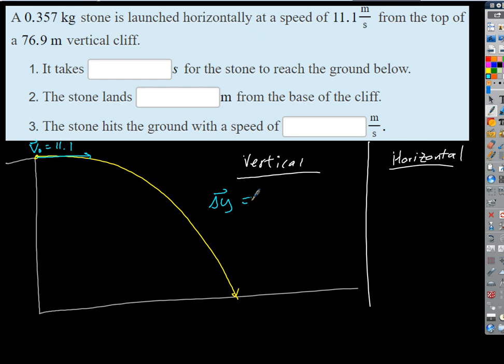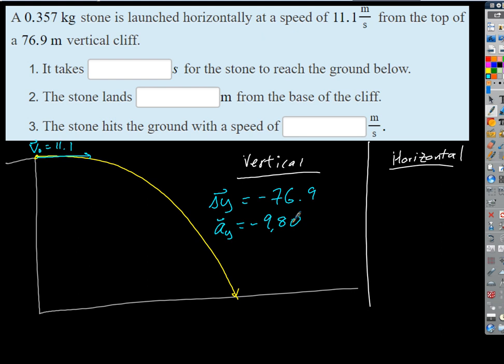Almost, there's something wrong. Negative 76.9. You see why? Because the displacement is starting here and ending there, so the displacement's going to be in a negative direction. Okay? Good. What else? Acceleration. 9.8. Okay, negative 9.8. So a sub y equals negative 9.80, say.